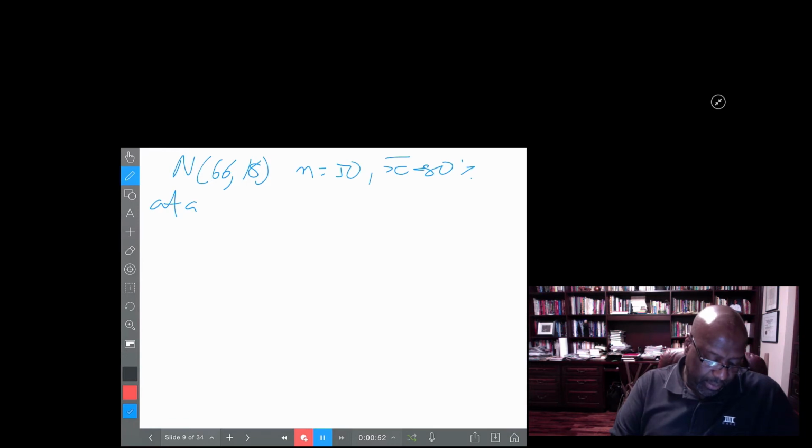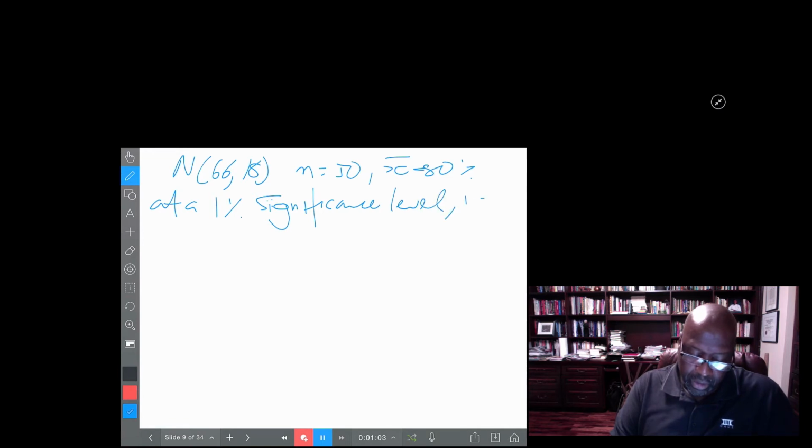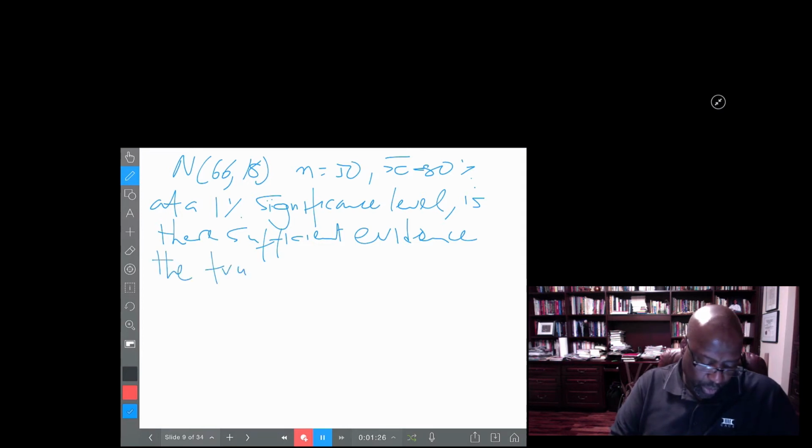So here's what I'm going to ask in the context of the hypothesis test. At a 1% significance level, is there sufficient evidence that the true mean exam mark is greater than 66%?